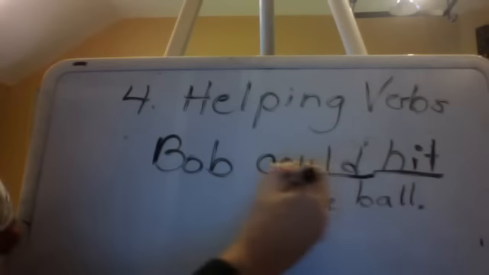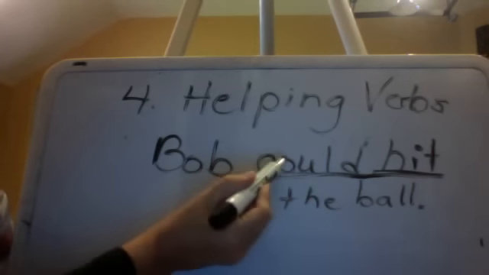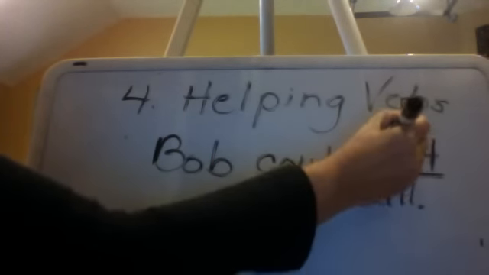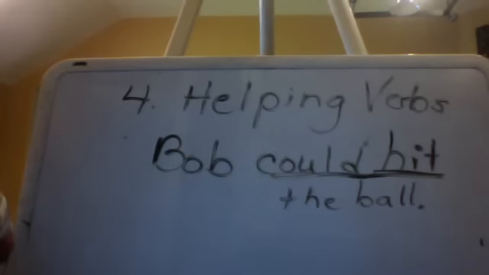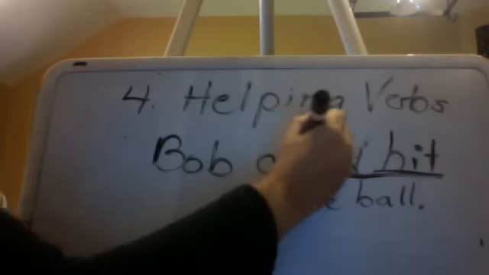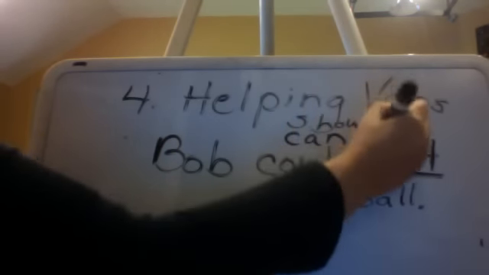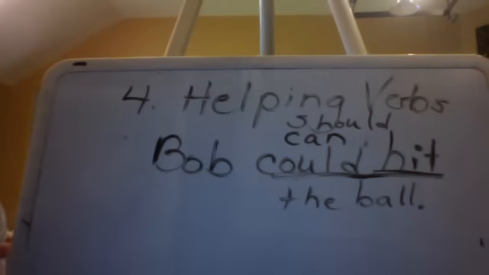But in this sentence, we have a verb phrase because we've added a helping verb to our transitive verb. The word could is helping the sentence provide meaning. It's a different sentence. It's not Bob hit the ball. It's Bob could hit the ball. You could use Bob can hit the ball, Bob should hit the ball, and those change the meaning of our sentence a little bit, but they're all helping verbs.